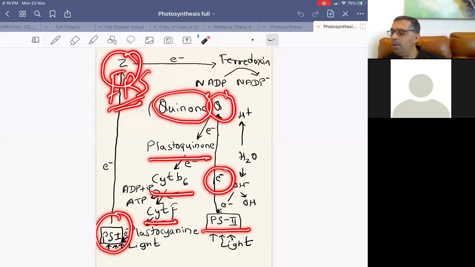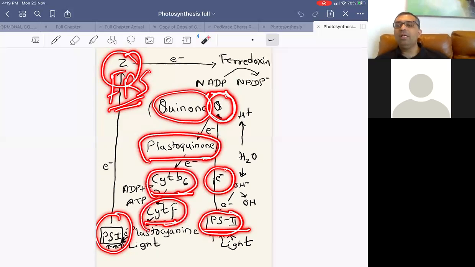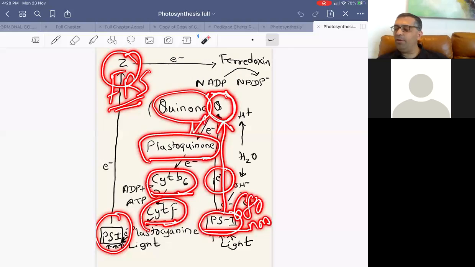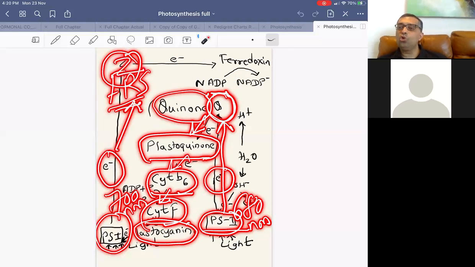So where has the electron gone from PS2? The electron has gone to quinone, from quinone to plastoquinone, to cytochrome B6, to cytochrome F. Now 680 nanometer pe PS2 has lost its electron, and ye electron while it is passing from quinone to plastoquinone to cytochrome B6 to cytochrome F to plastocyanine, in the meantime PS1 at 700 nanometer has also lost its electron to Z. So अगर हम ये प्रोसेस को पॉज कर ले, PS2 is also in an excited state.